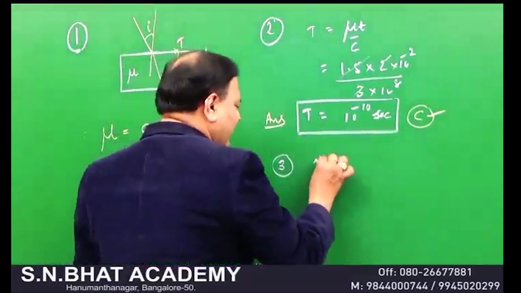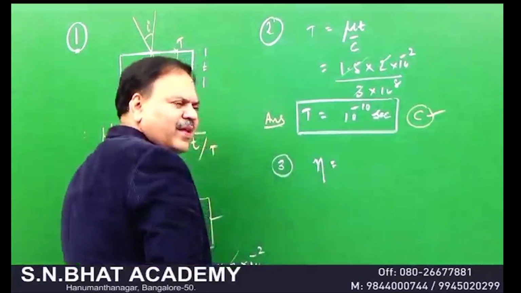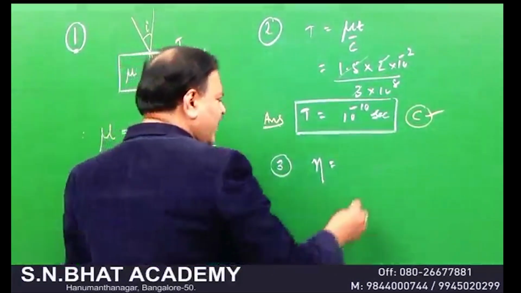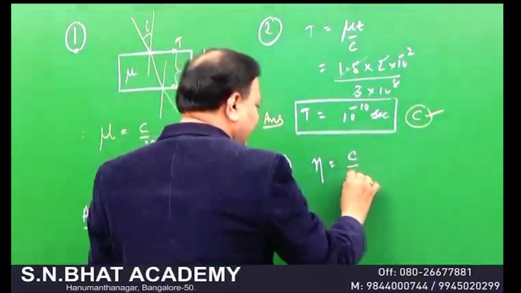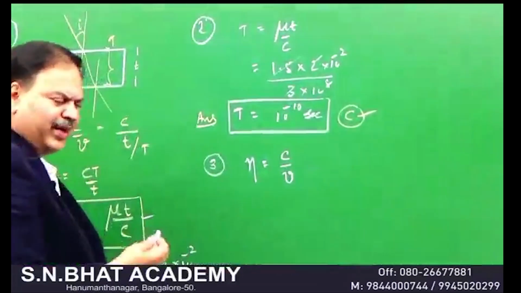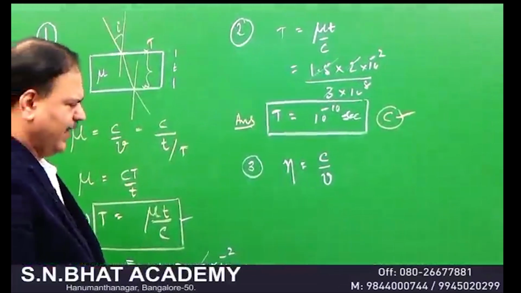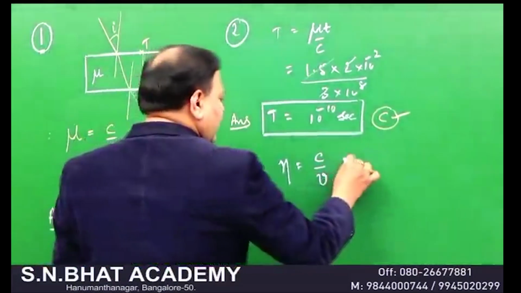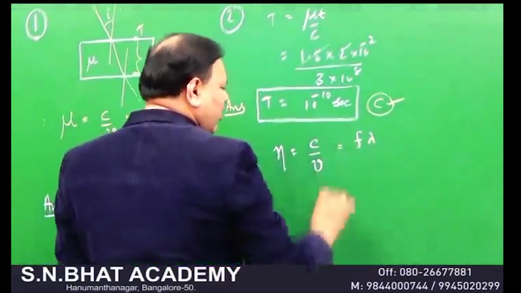Look, refractive index, as you know, can be given by the formula: the velocity of light in the air divided by the velocity of light in the medium. It is the absolute refractive index. You know the formula v is equal to f lambda.